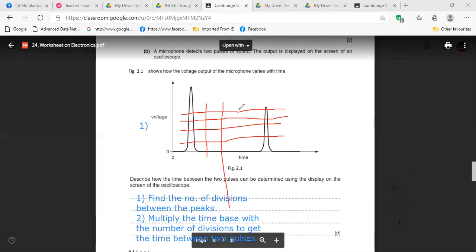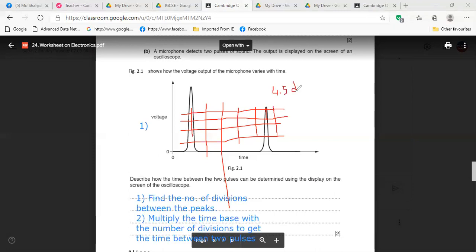This way, this way. So we will find from this peak to this peak. For example, we have 1, 2, 3, 4, 5. For example, here 4.5 divisions. Yes, 4.5 divisions we got here.